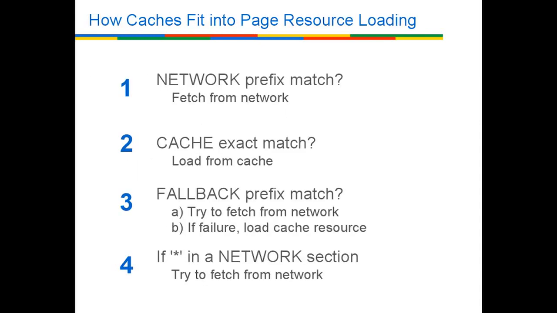And lastly, if you've made it through all of that and there's no more matches or explicit entries that match, and you have this asterisk as a list in your network section, then it will try to fetch it from the network. So this changes the default of you have to list everything beforehand or it'll just fail entirely, even if you're online.